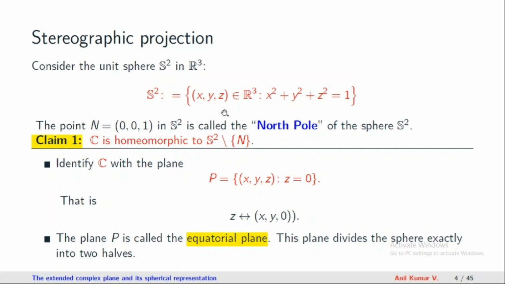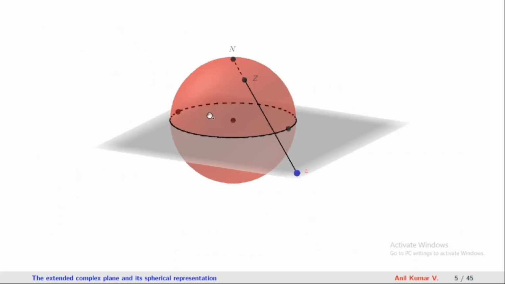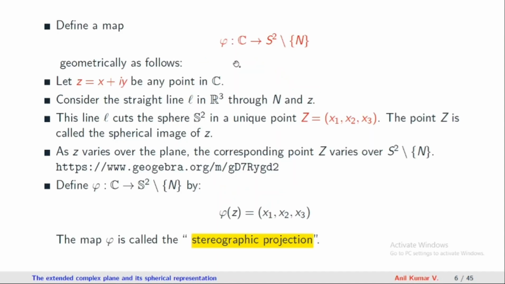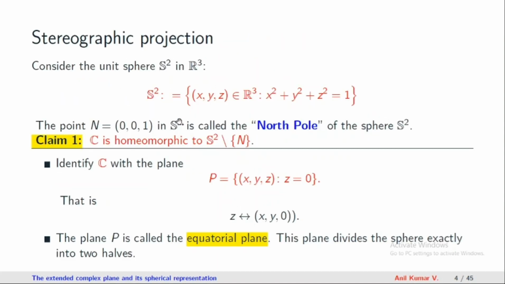Consider the unit sphere S2 in R3, and this is the point 0, 0, 1, and this point N is called the north pole of this sphere. First, we show that the metric space C is homeomorphic to S2 minus N. Here S2 minus N denotes the unit sphere without the north pole.